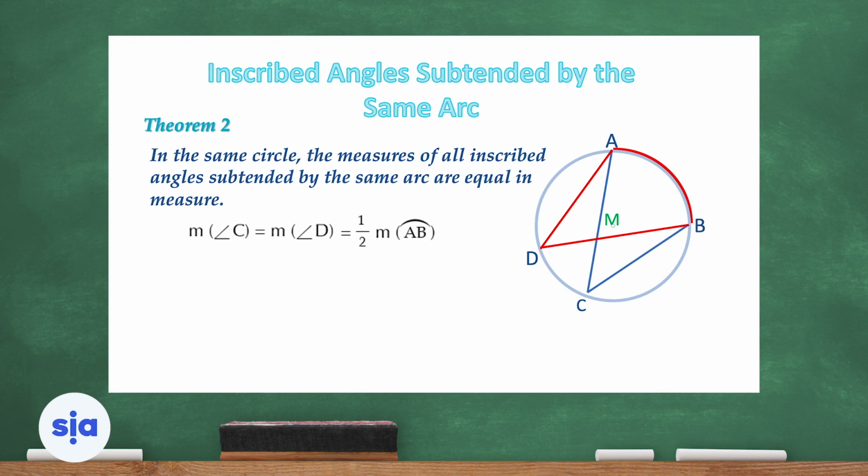Then angle C as well is equal to half the measure of arc AB. As long as angle D is half the measure of arc AB and angle C is half the measure of arc AB, then angles C and D are equal to each other.